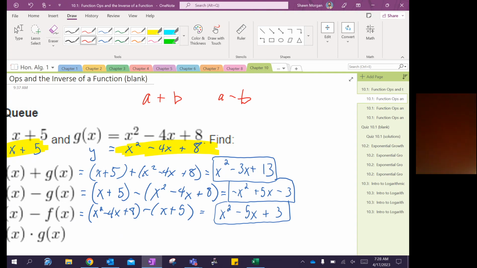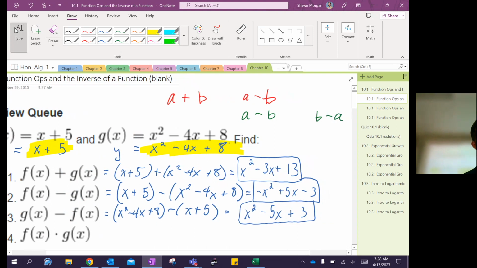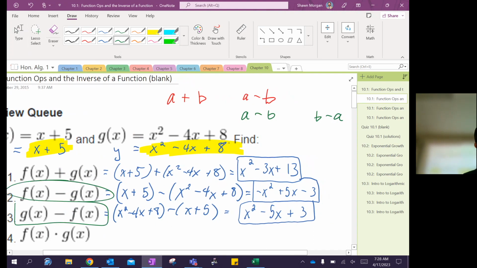I kind of harped on you guys earlier when we were studying a binomial and its conjugate about how we don't want to confuse it with the opposite, because the opposite of A minus B would be B minus A. Those are opposites. So over on the left, we've got f minus g in number 2, and then g minus f in number 3. Those are opposites.